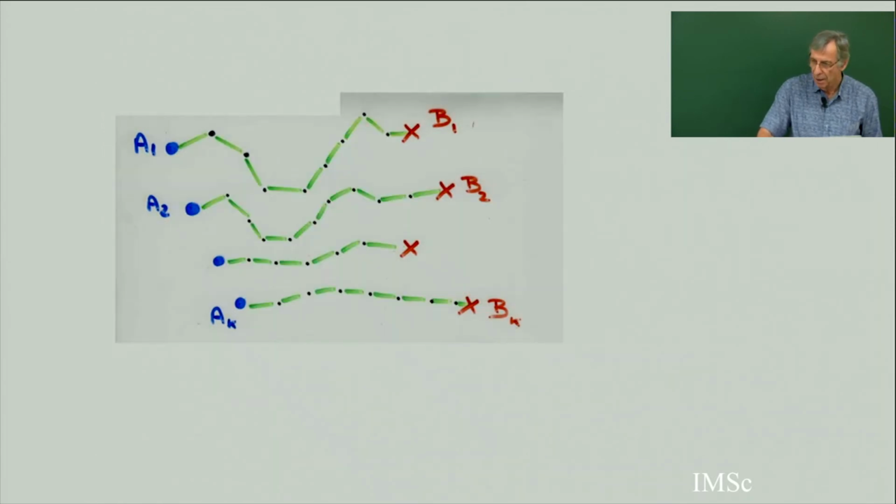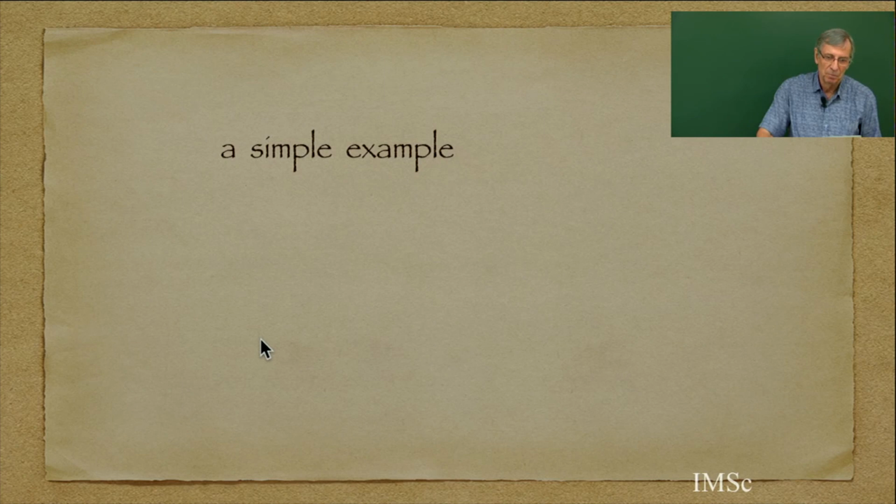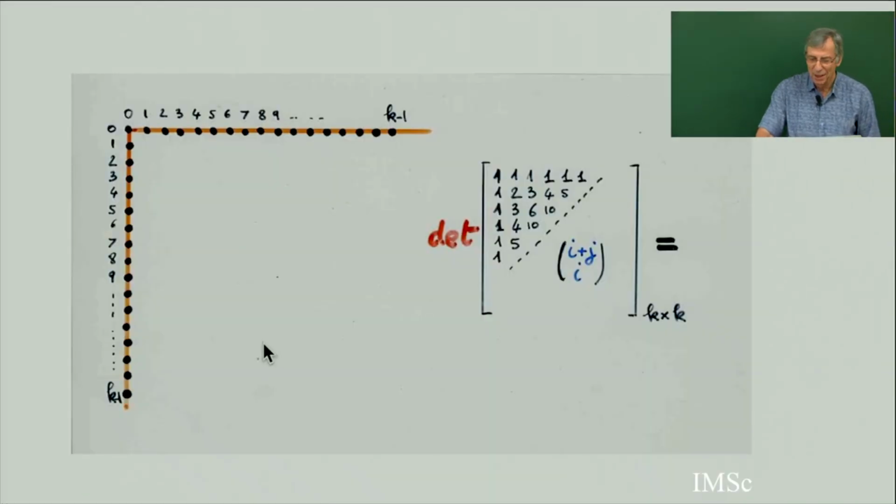So this is the LGV lemma, the simple form of the LGV lemma, and a simple example to go back to our 8-vertex model and the 6-vertex model with the paths. If you take this determinant of binomial coefficients, put binomial coefficients on the diagonal like this, what is the term ij?